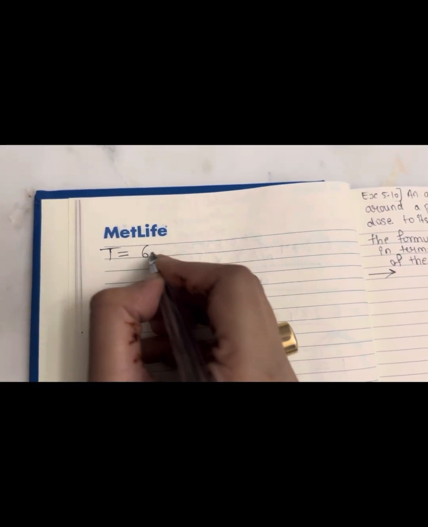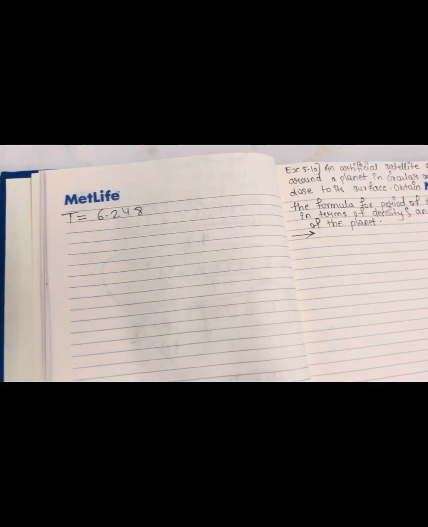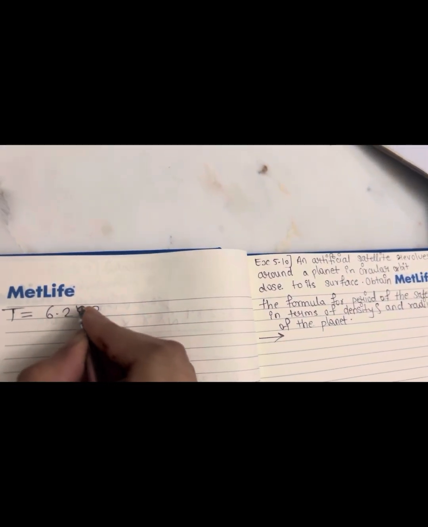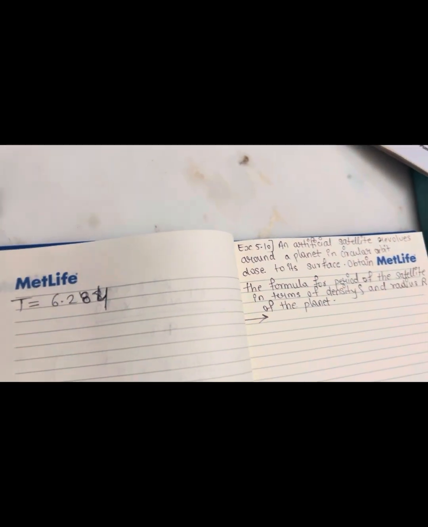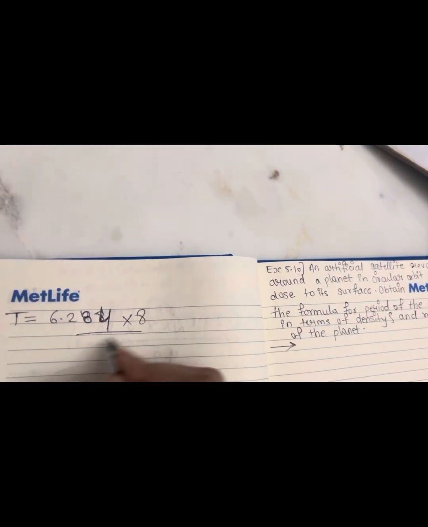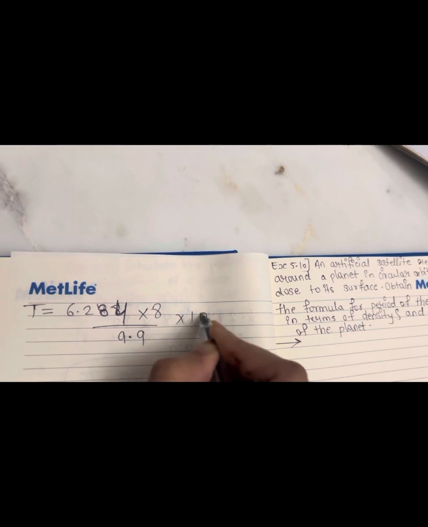So T is equal to 6.284 into 8 upon 9.9 into 10 raised to 3.